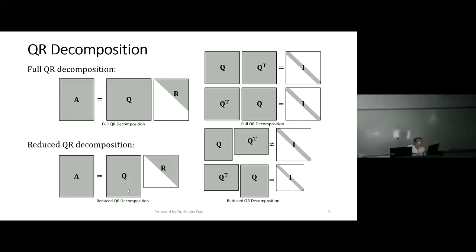Since I've taken off columns, Q has fewer columns than rows, correct? So Q Q transpose cannot be equal to the identity matrix, because the inner dimensions of this product are less than the outer dimensions. But Q transpose Q, because the column vectors are orthogonal, is equal to the identity matrix. This is the lower dimensional identity matrix.